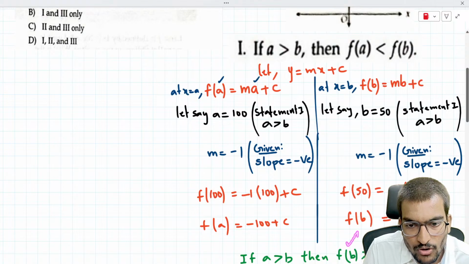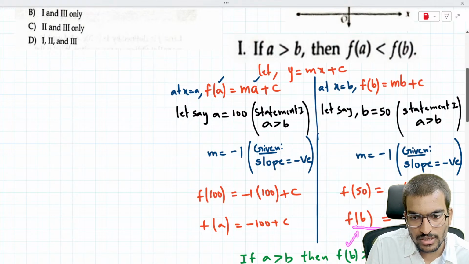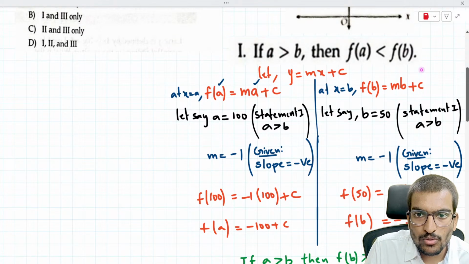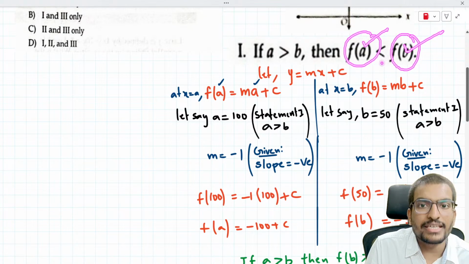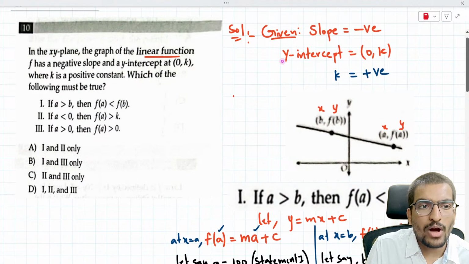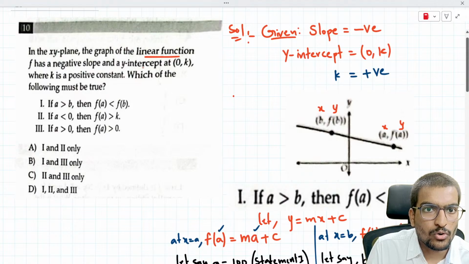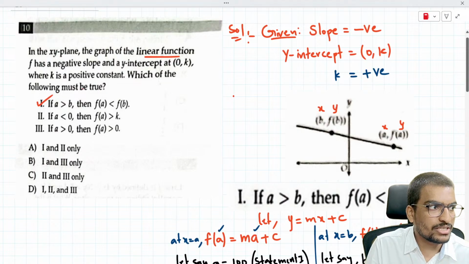So if you go back, f of b is greater than f of a. It is true. Statement 1 is true. Hope you're getting what I am teaching.